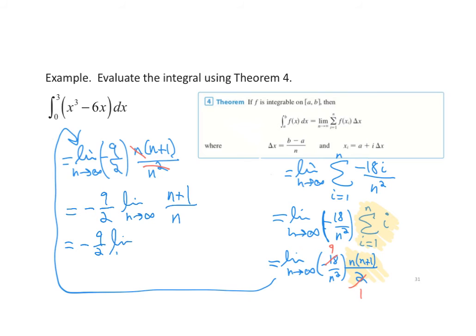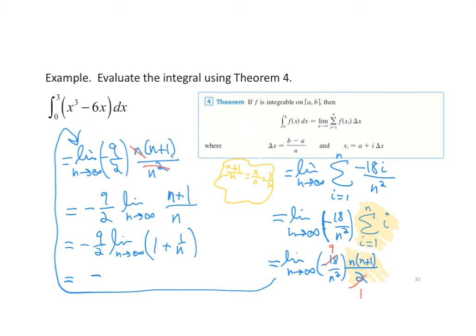Okay, let's remember how to do our infinite limits. Well, I have n plus 1 over n. I can think of that as n over n plus 1 over n, which gives me 1 plus 1 over n in the limit. As n goes to infinity, this is just going to stay 1. The 1 over n is going to approach 0.